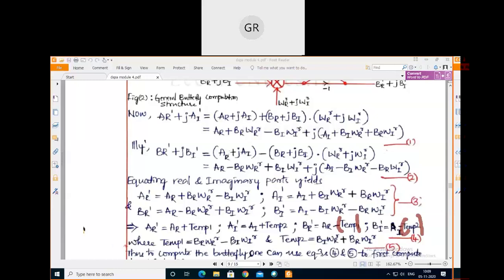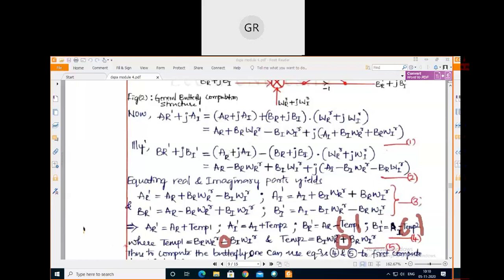BR WRr minus BI WIr. What is TEMP2? Just the reverse of this one: BI WRr, in the place of BR, BI will come, and in the place of BI, BR will come. The twiddle factor real value, here the imaginary value, and the sign will be changed.